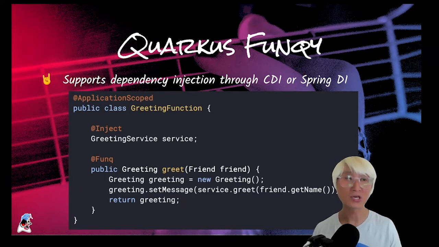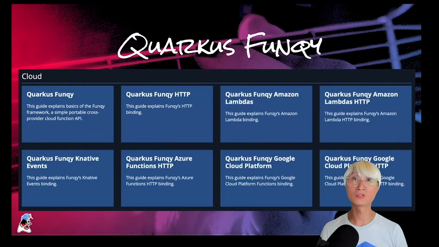As you can see, we're going to use this kind of CDI injection in the live demo in a minute. And just as an example, take a look at that @Inject annotation, which allows you to have CDI injection in your function method. And also, this is how Quarkus Funqy supports multiple platforms: Amazon Lambda, Google Cloud Functions, Azure Functions, etc.